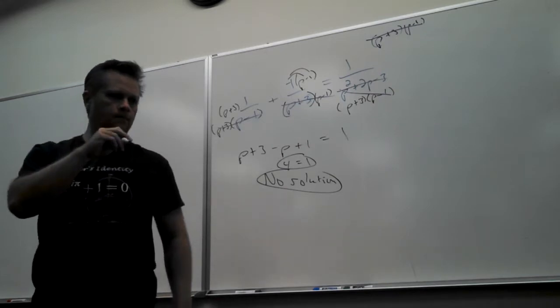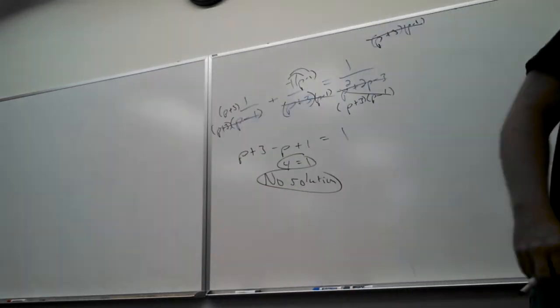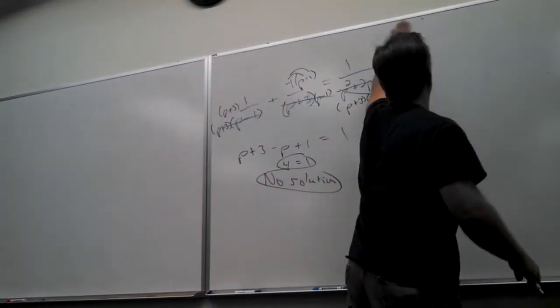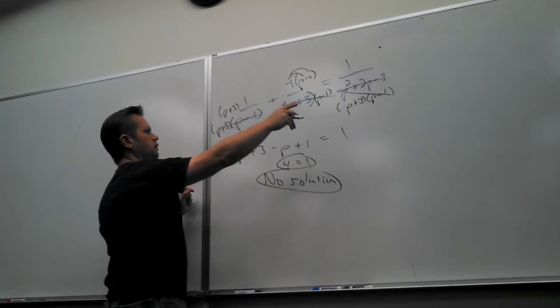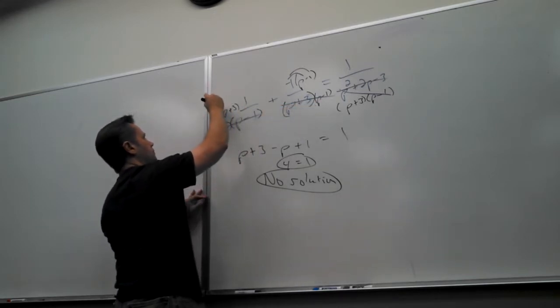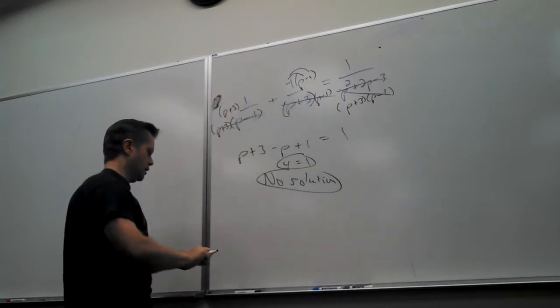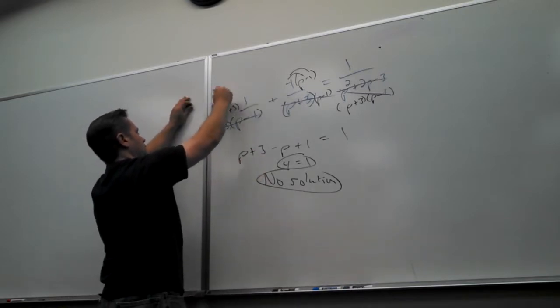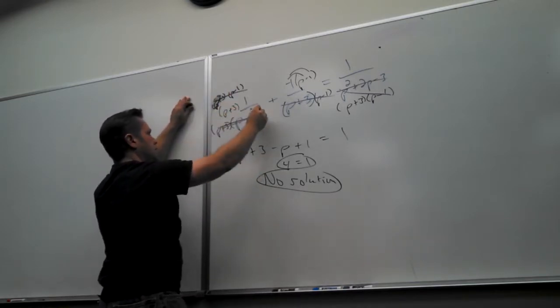Okay. How can you get plus 3p minus 3 all the way at the top? The purple. Oh, okay. So what I'm really doing there, because I had you and then I lost you, you ready? When I get all the bottoms the same, I multiply both sides by the LCD. I multiply everything by p plus 3, p minus 1. So it dies there.